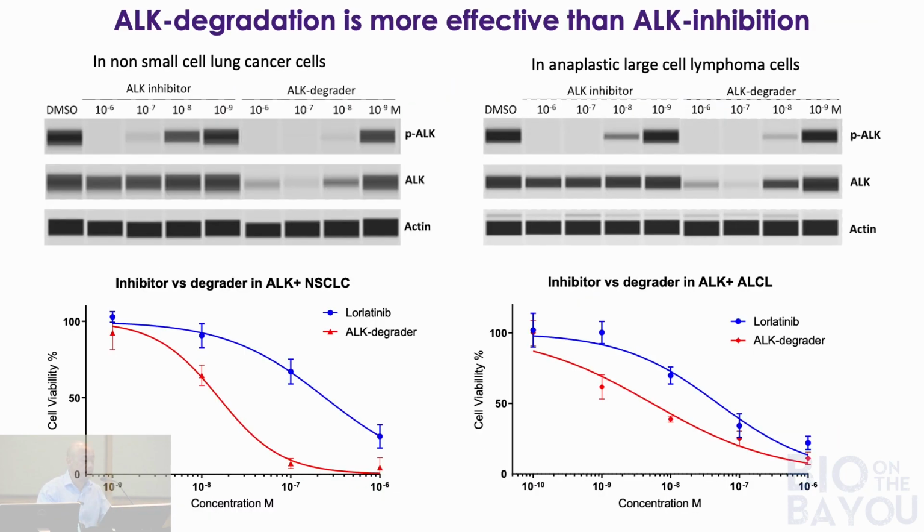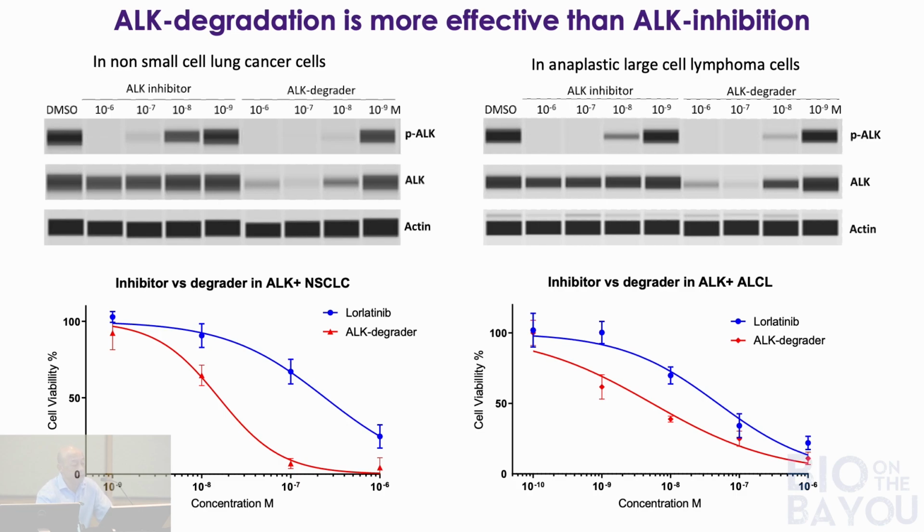So we tested it in clinically relevant cancer models. In non-small cell lung cancer, we see that the ALK inhibitor decreases the phosphorylated active form of the ALK, but not the total level, whereas the degrader decreased the total ALK level and thereby eliminated the phosphorylated form.